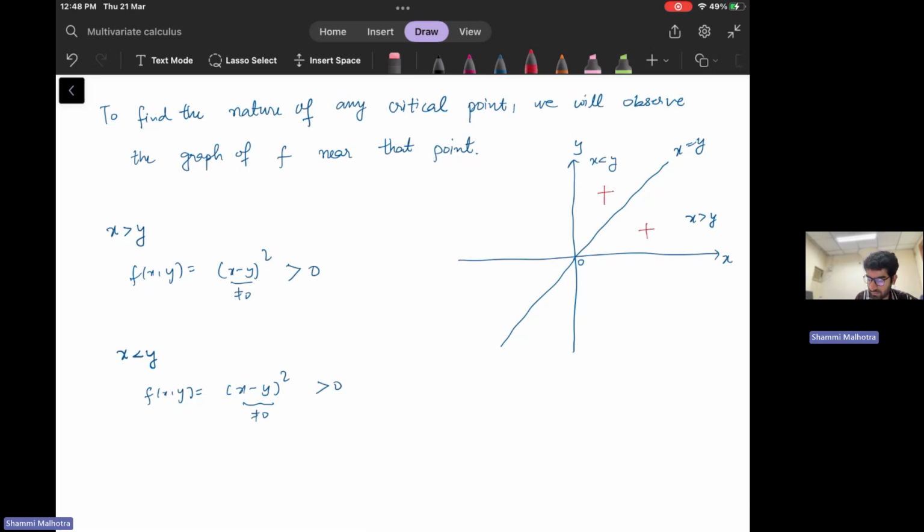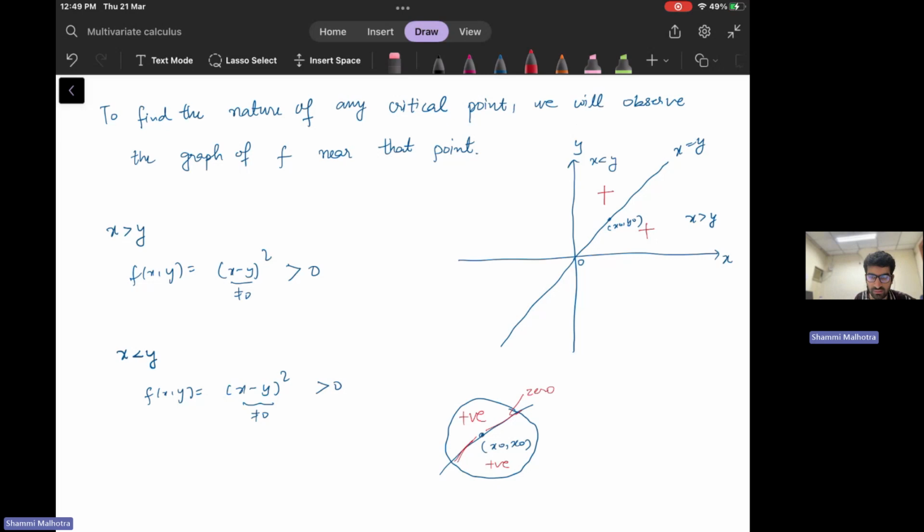What's basically happening is, if I take any point x naught comma x naught, because x is equal to y here, and zoom in on any neighborhood, the value is positive here as well, and on this line it is taking value 0.